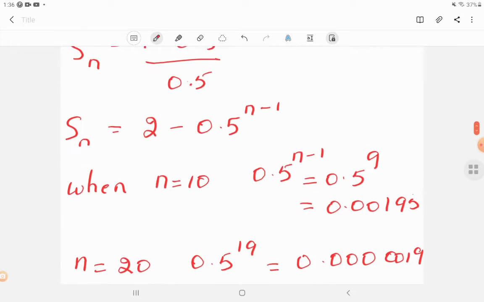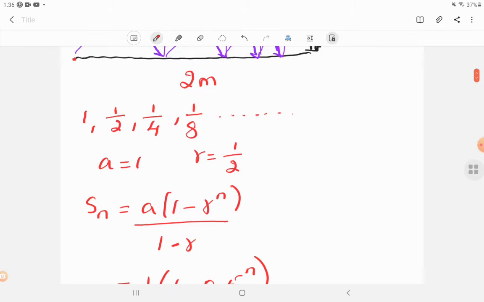So whenever we have a geometric sequence where the r value is between -1 and 1, the sequence converges to a particular value.